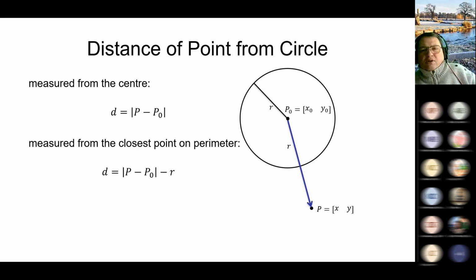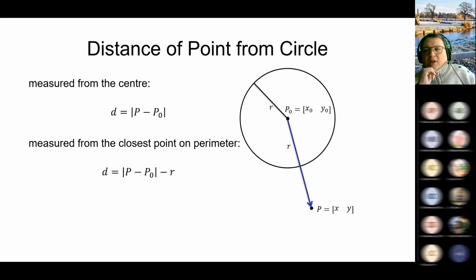The radius of the Earth is much more than 6,000 kilometers, and the ISS is just 400 kilometers away from the surface of the Earth. So for the ISS, the difference between the distance measured from the center of the circle and from the perimeter of the circle would be huge. And this final one would be 400 kilometers.